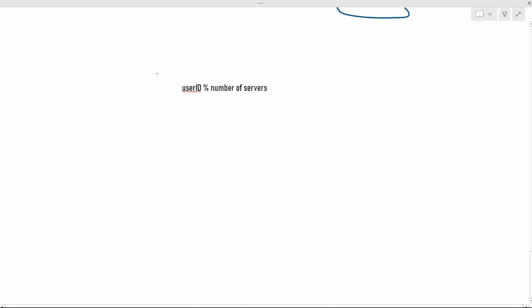So let's say we have 10 users and we have 5 servers from S0 to S4. Let's say now the request comes from U0, and we take a modulus by the number of servers, that is 5. That comes out to be 0.